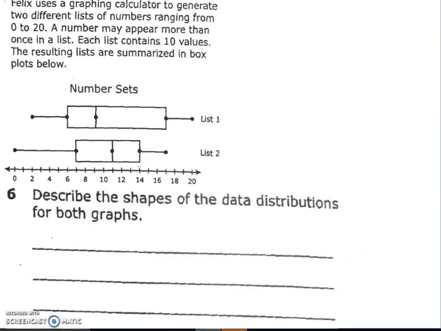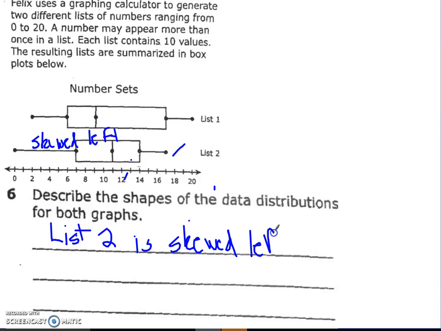Alright. Describe the shapes of the data distribution for both graphs. List 2 has a longer tail on the left, so we can say skewed left. So list 2 is skewed left. And list 1, we really can't say anything significant about it.